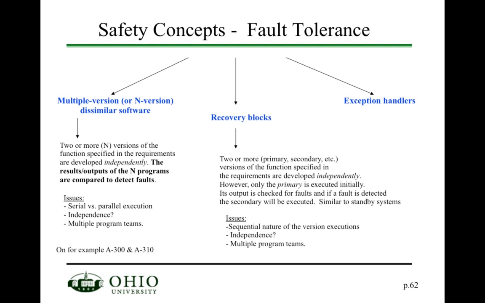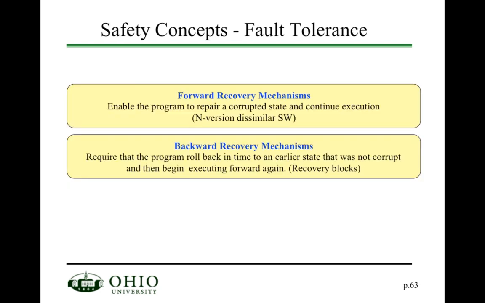There are exception handlers on the other end of the spectrum, and we'll talk about that later when we start talking about coding. And then recovery blocks, in which case you have 2 or more versions of the function, but you're going to only execute one of them, which is referred to as the primary. When you find out the primary is not working, you're going to then start the execution of the secondary, which is kind of similar to a standby system when we talked about system safety assessment.